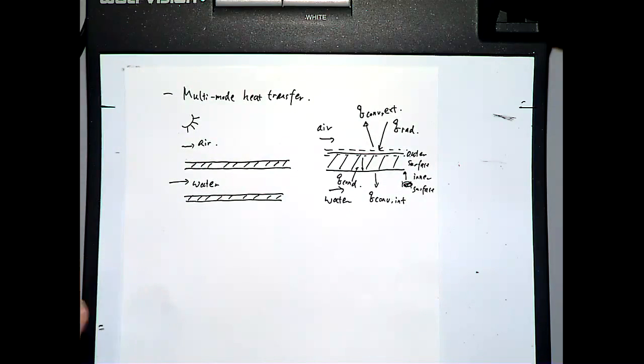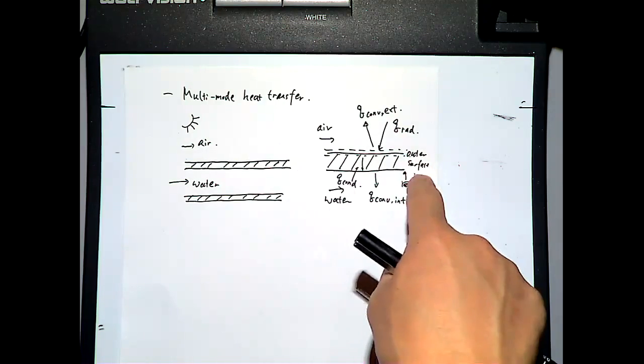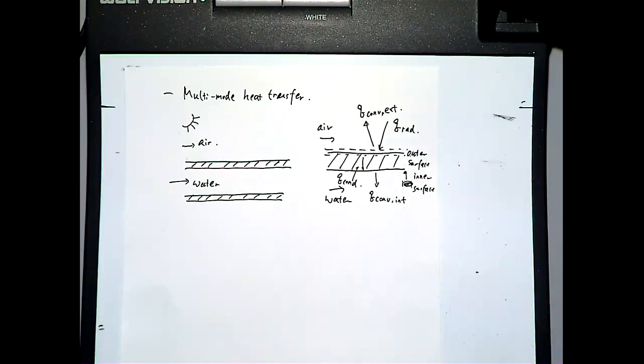All right. So this is a typical multi-mode heat transfer. And to solve this type of problem, the first thing we want to do is to choose a subject to conduct the heat energy balance, which means we need to define either a surface or a volume. Then we apply the first law to it. So that's the very first step.